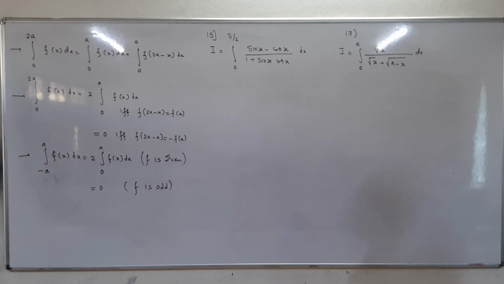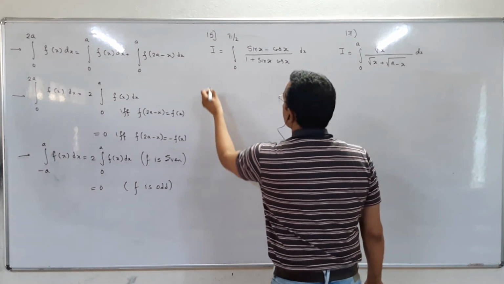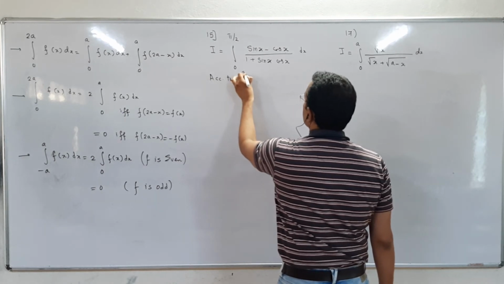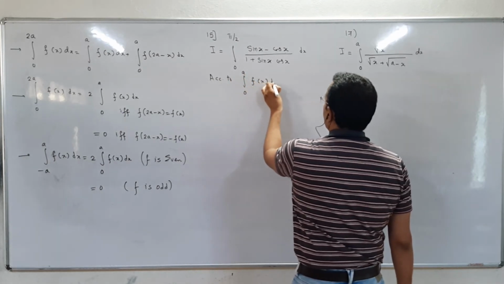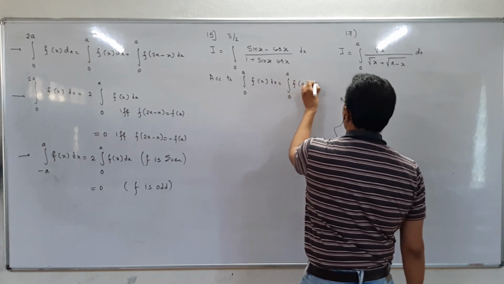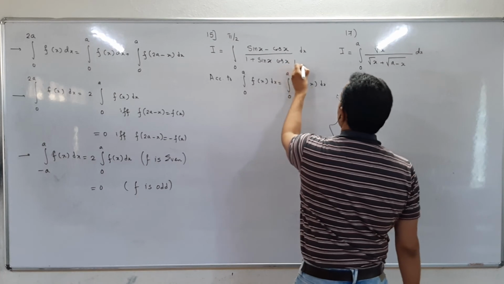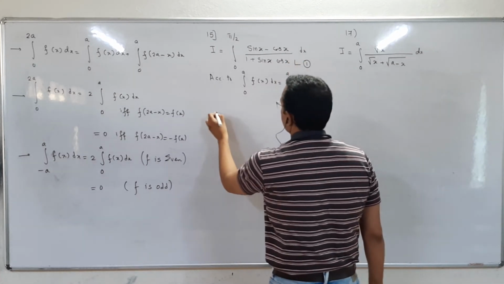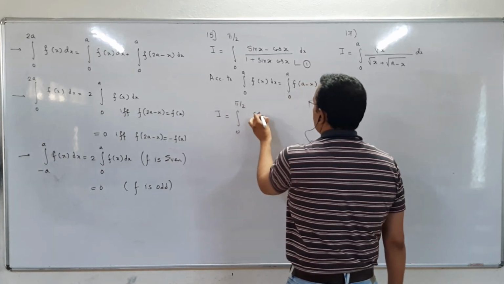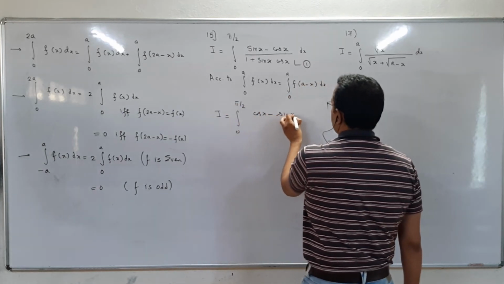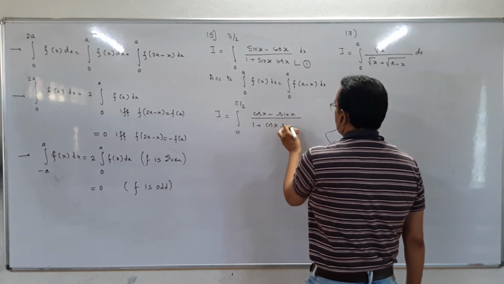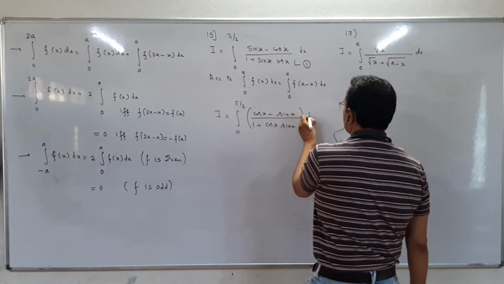Okay, students, now pay attention. Same property. According to property integration 0 to a of f(x) dx is integration 0 to a of f of a minus x dx. Let us call this as result 1. After applying the property, sin x will change to cos x, and cos x will change to sin x.